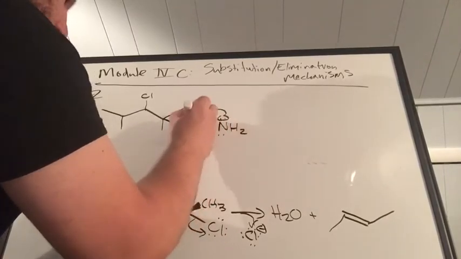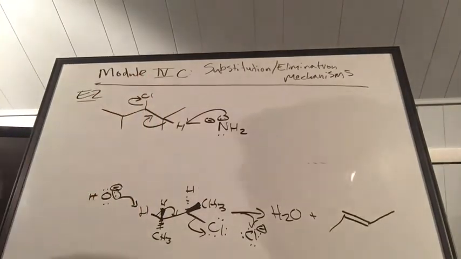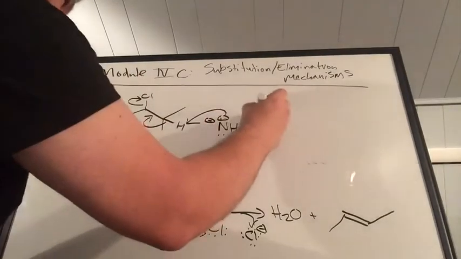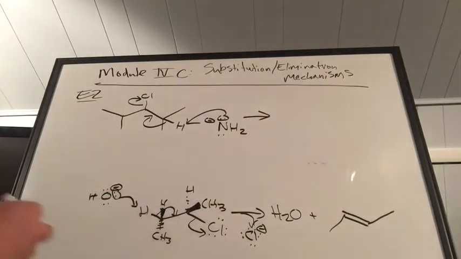Again, we need a strong base in order to initiate this elimination. Okay, so something that's going to be a weak base is not going to fly in terms of this kind of mechanism. It would usually result in unimolecular, which we'll get into later.